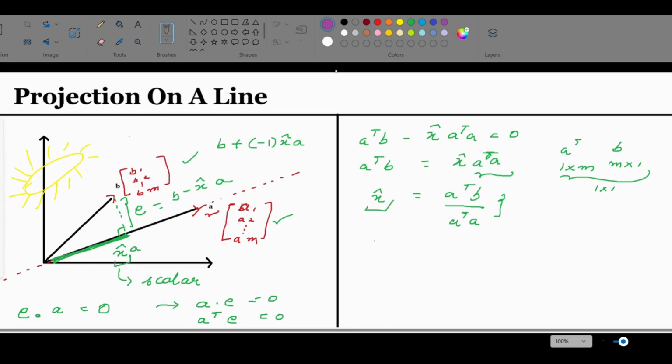So what's the projection vector then? Let's call the projection vector P and let it be equal to x cap A. x cap is the magnitude, A is the direction. So x cap A, or P, is the projection vector or the shadow of the vector B.